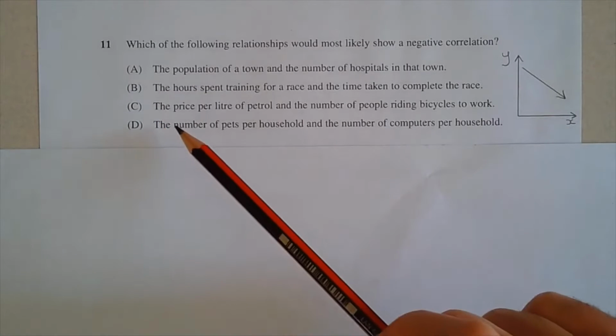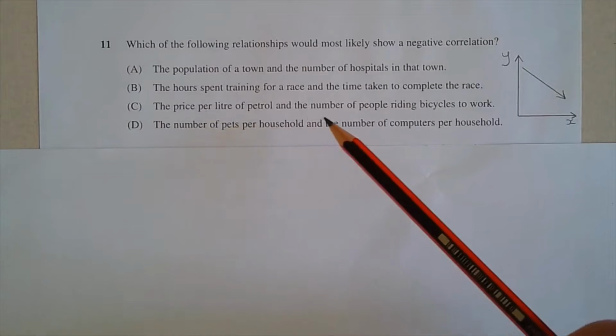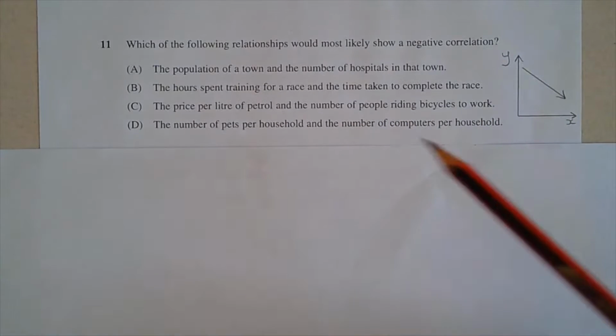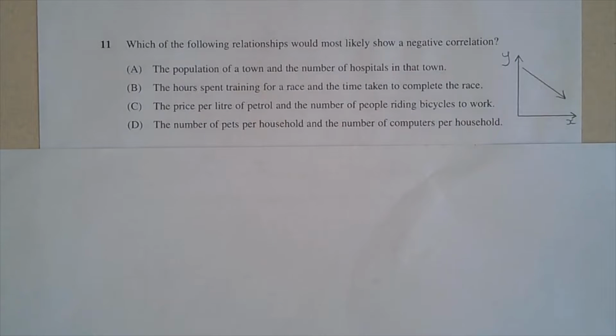Let's have a look at option C. The price per litre of petrol and the number of people riding bicycles to work. As more and more people ride bicycles to work, maybe the price of petrol might go up to compensate for there being fewer cars on the road. I don't know. But with option C, there are a lot of other factors that affect the price of petrol, not just the number of people riding bicycles to work.